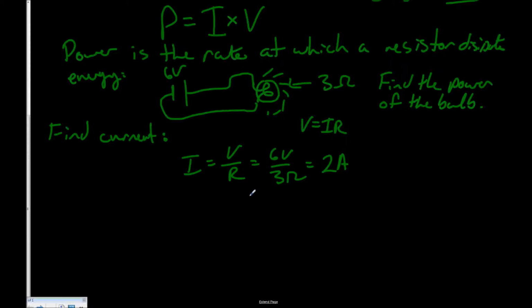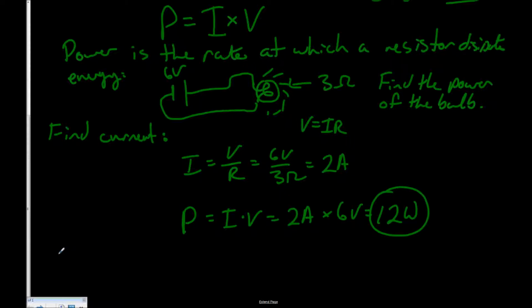Once we know that, and we have voltage, we should be able to figure out that power, since it's equal to I times V, 2 amps times 6 volts, should equal 12 watts.